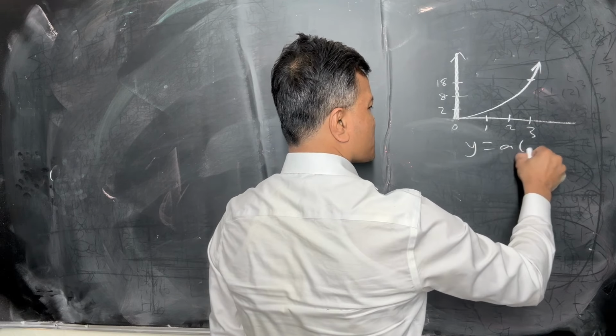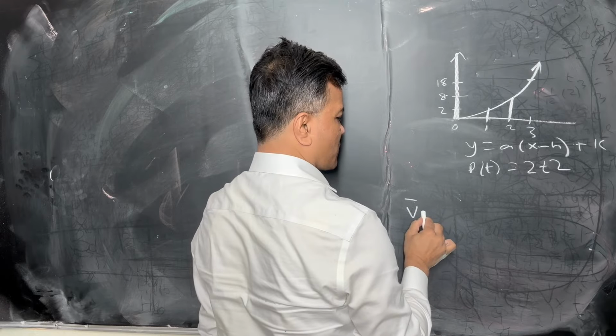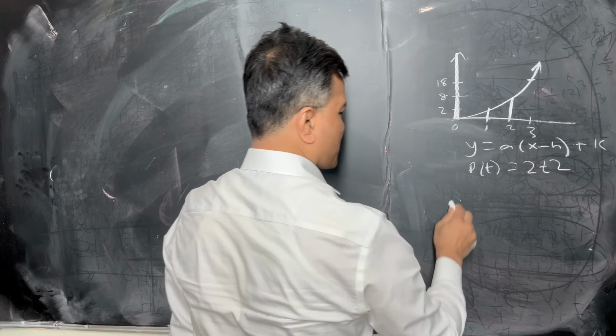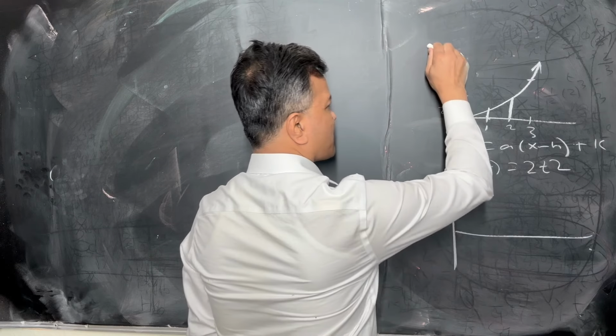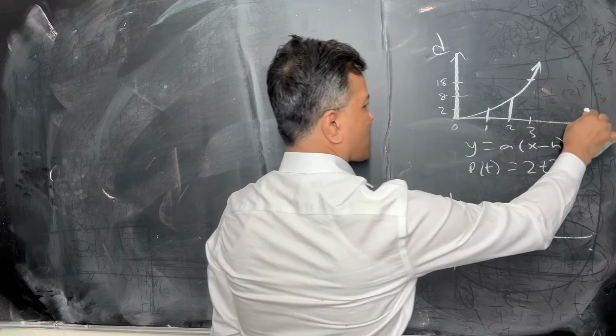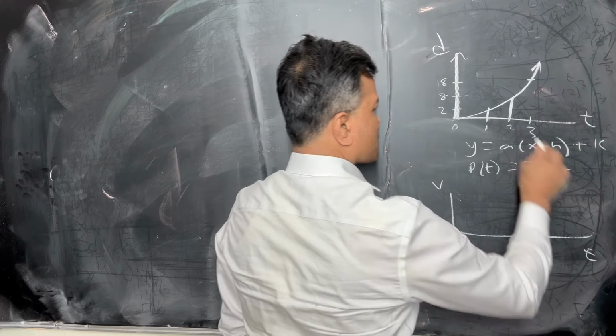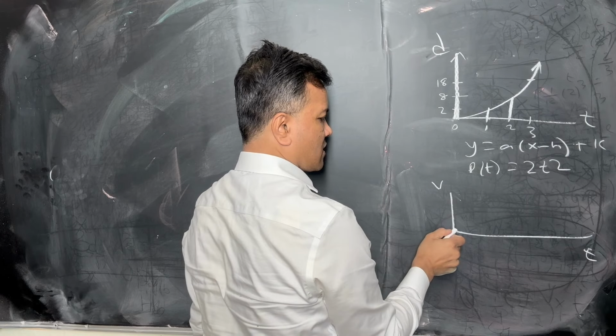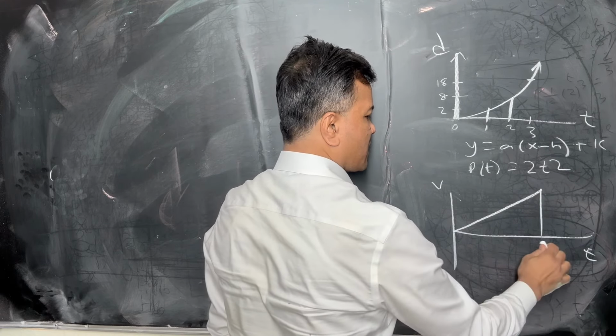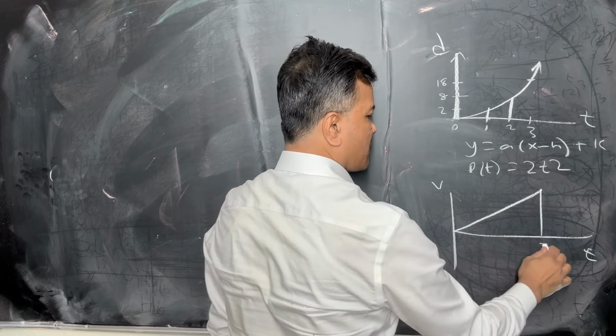I ask you to find the average velocity between 1 and 2. You can do average velocity two different ways. One is, well, let's first convert it to a VT graph. This is the VT graph. So if this is a positive curve, this is diagonal. At 3, you have 18 meters.